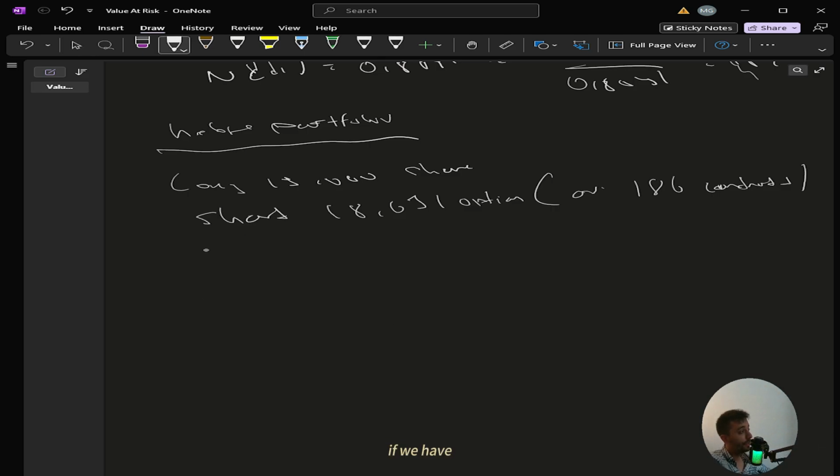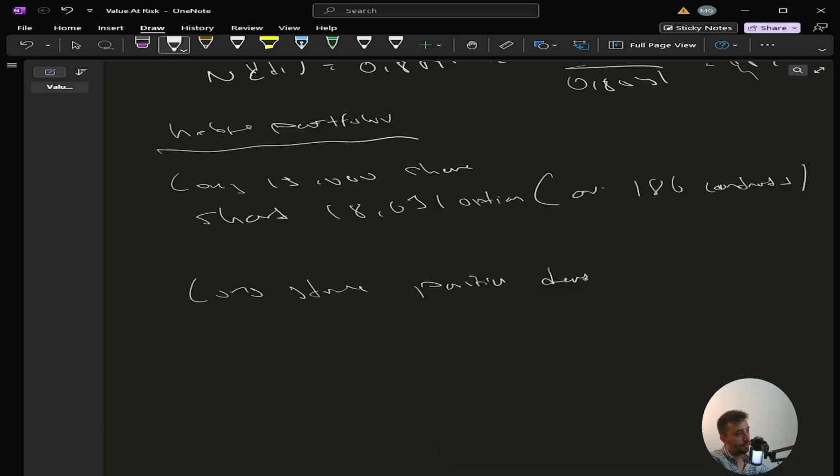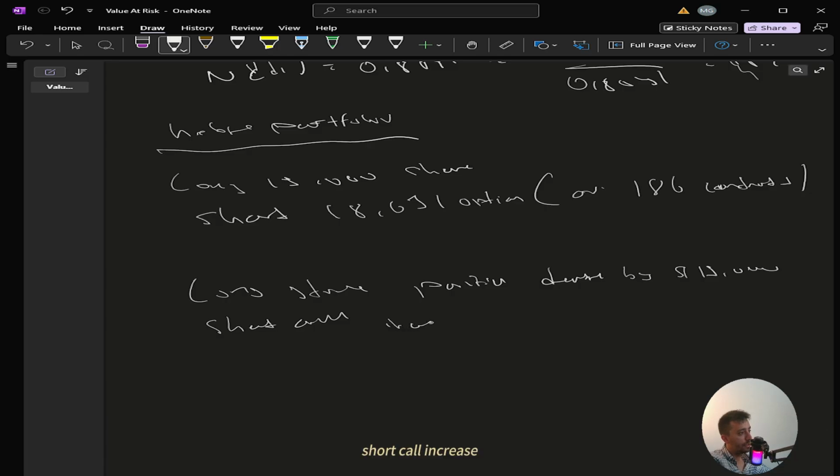And then dynamic hedging, okay, a dynamic hedging example. If the long stock position decreases, decreases by again 50,000, the short call position increases.